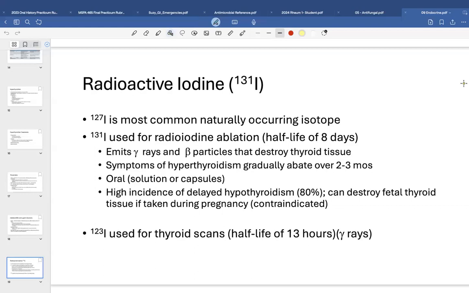Now, what can then happen is the opposite: as those thyroid cells die, the patient will begin to clinically develop hypothyroidism. In that situation, of course, they're in for lifelong therapy. There is a role for another isotope, I-123. That's more of a diagnostic tool for thyroid scans.